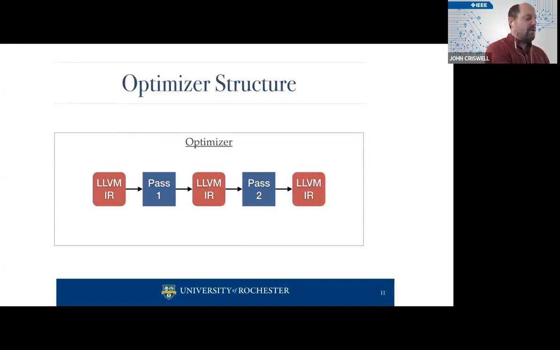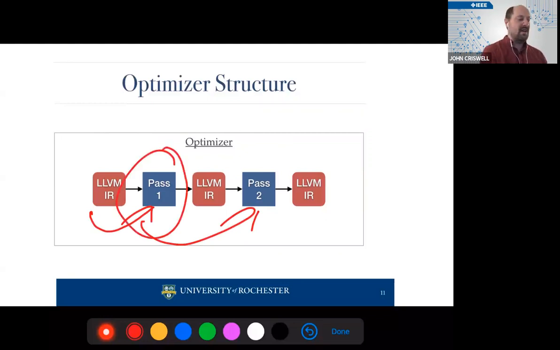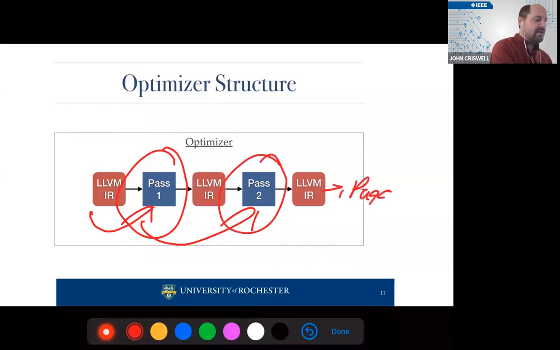So basically, your program is fed one pass at a time. Each pass implements one simple optimization. So maybe this first pass here implements constant propagation, and then this pass here implements dead code elimination. And maybe you've got another pass out here that we write that does some sort of security hardening, right? So maybe it does memory safety hardening of some sort. So each pass does one thing.